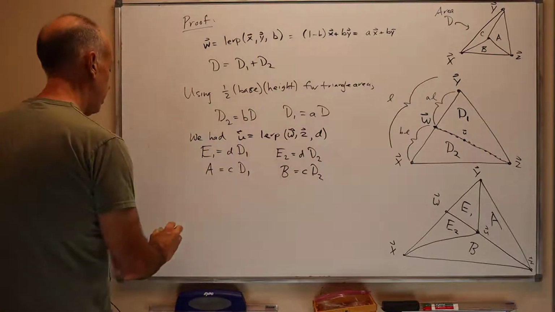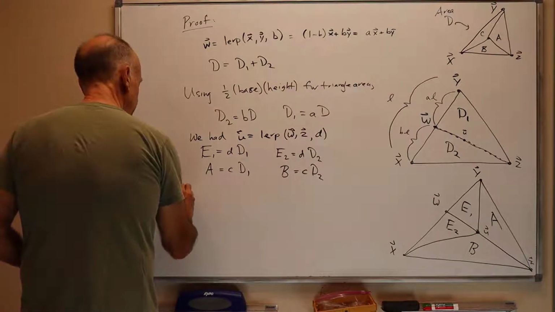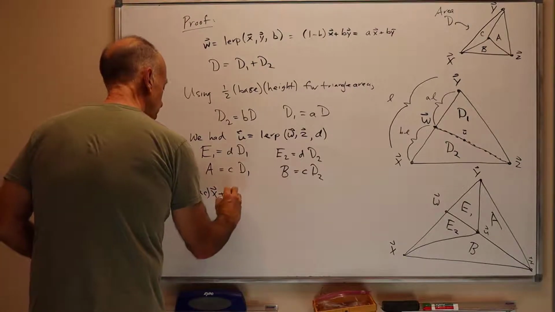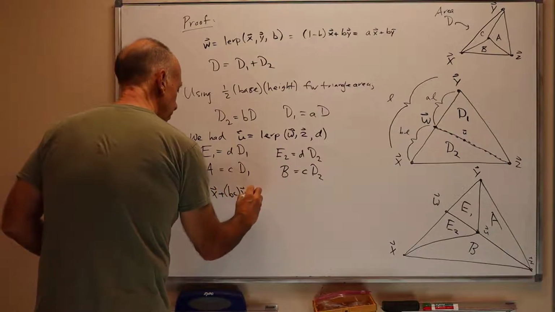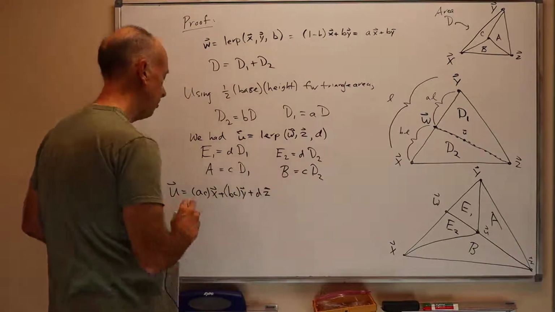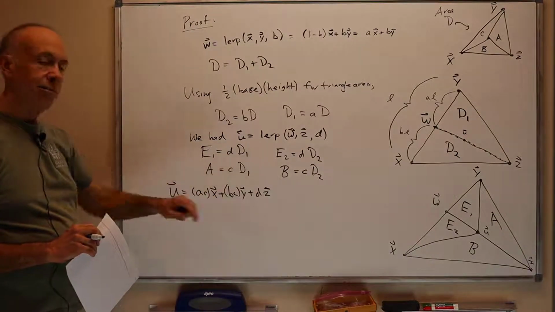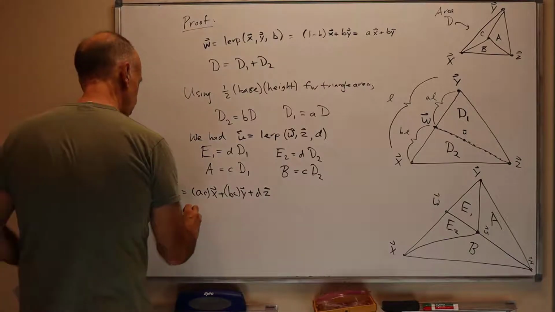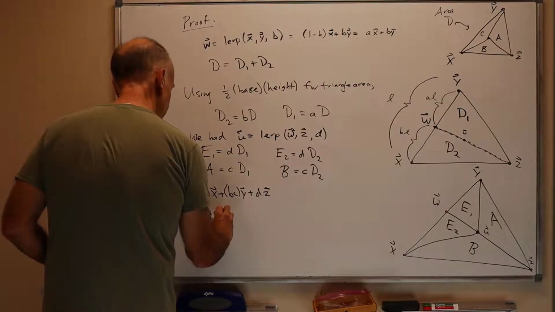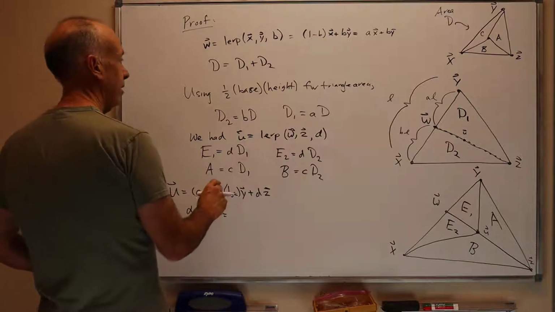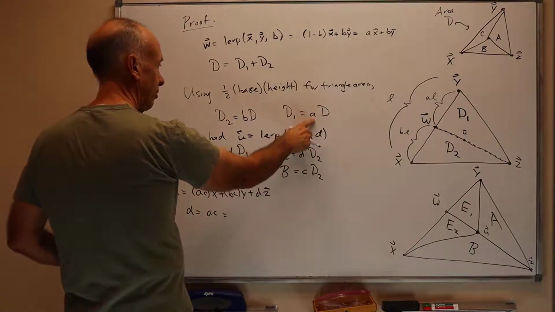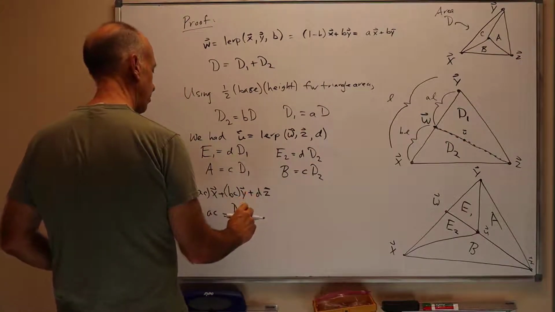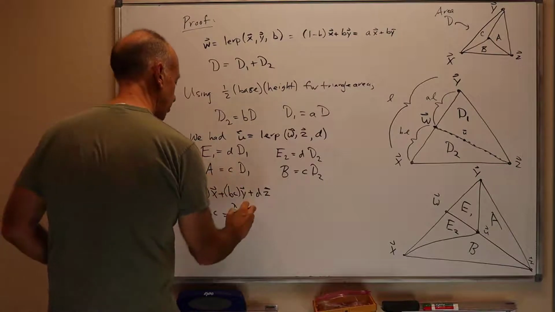So finally we had that U was equal to AC times X plus BC times Y plus D times Z. And AC, BC, and D were the barycentric coordinates alpha, beta, and gamma of U. So alpha is AC, and A, from this equation, is equal to D1 over D. And C from this equation is A over D1.